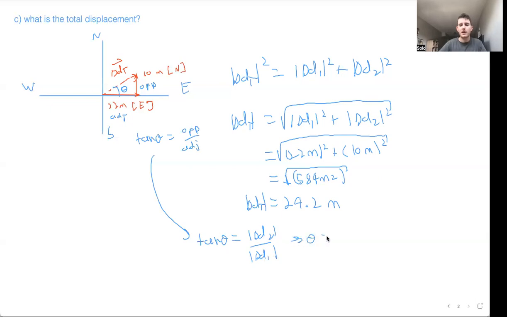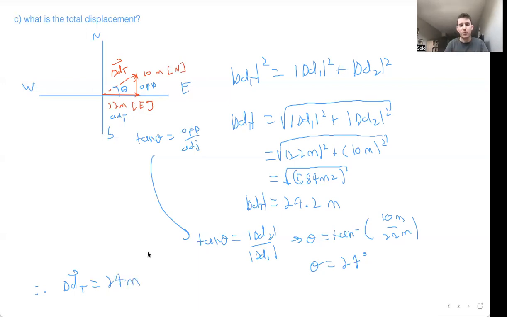So that means that theta is equal to the inverse tan of, we just plug these in, 10 meters over 22 meters. And we get an angle of, very similar, 24 degrees. So these numbers just happen to work out nicely. We get 24, we get 24. And then we can write that the total displacement with the vector is equal to 24 meters.